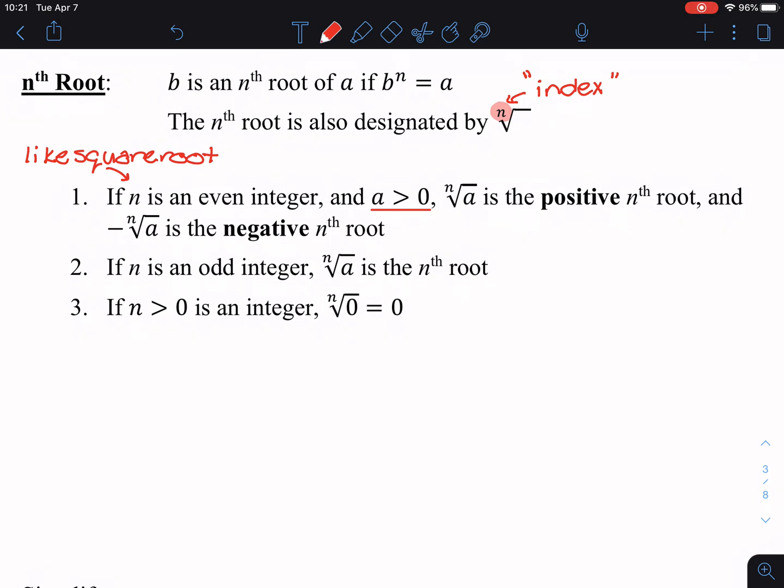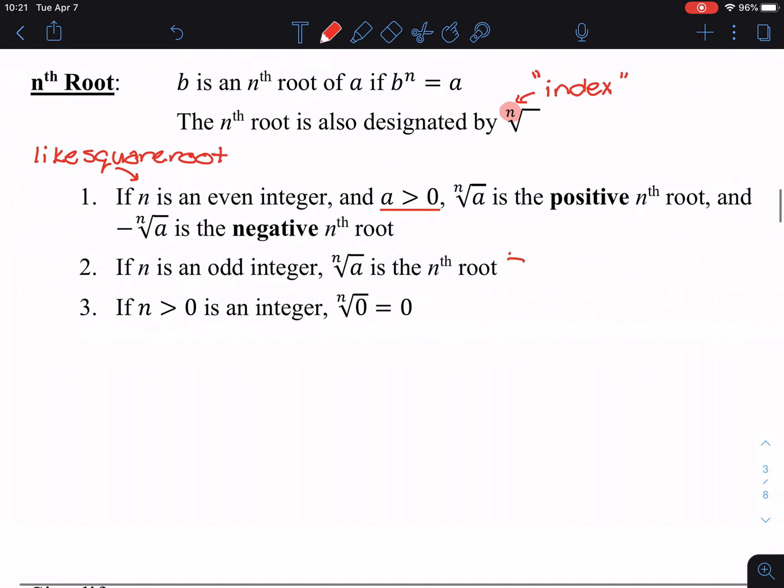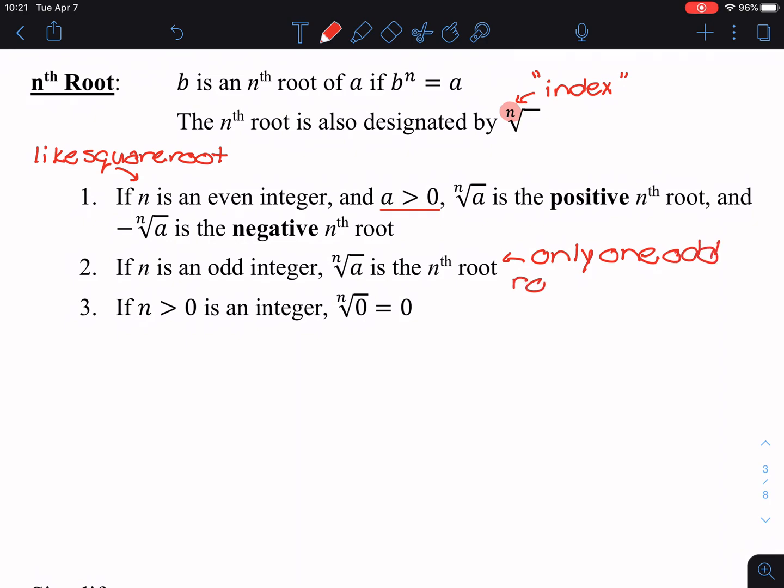There is only one odd root for every number. You can always take an odd root of a number, positive, negative, otherwise, and there will only be one answer. And the nth root of 0 is just going to be 0.